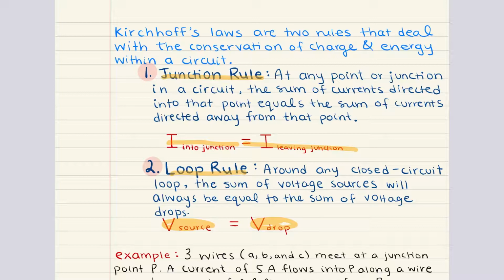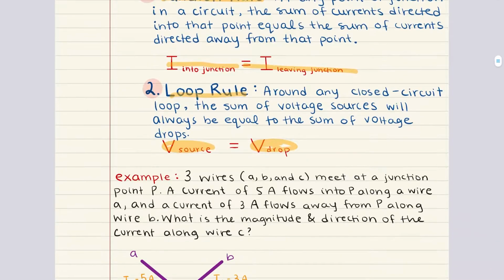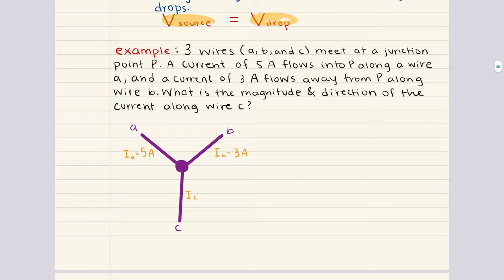By applying these 2 laws, the junction rule for current and the loop rule for voltages, we can analyze even complex circuits systematically. These tools are going to help us solve for unknown currents, voltages, and resistances, and that's going to be really important in tackling problems like the one we're going to jump into now.